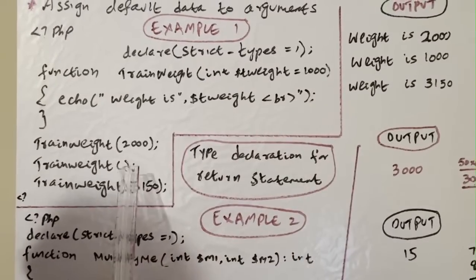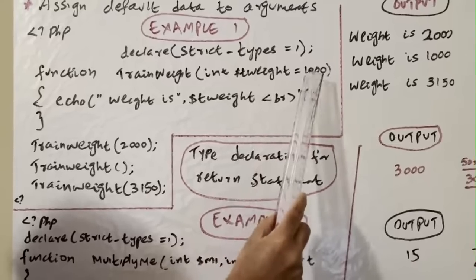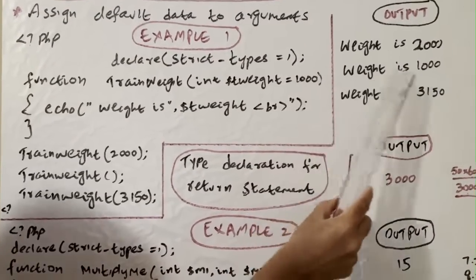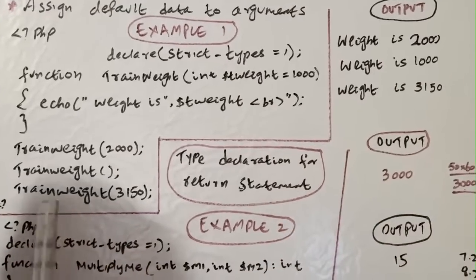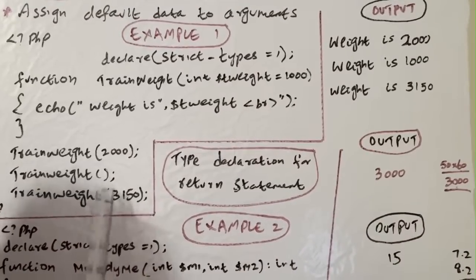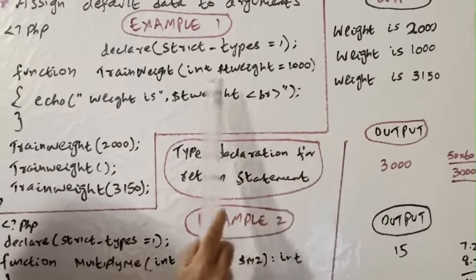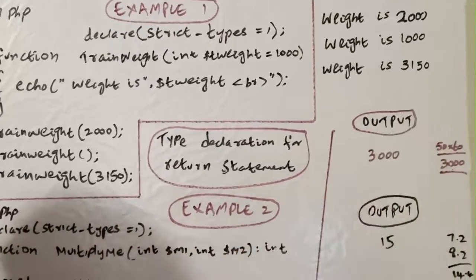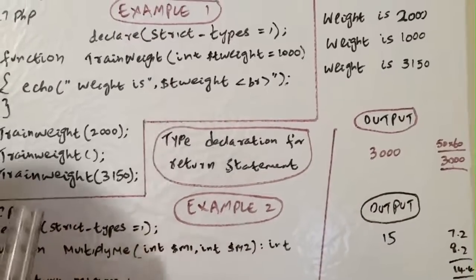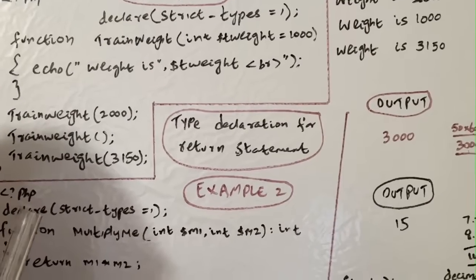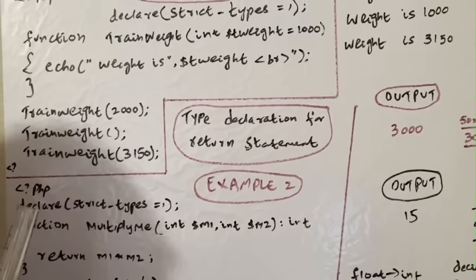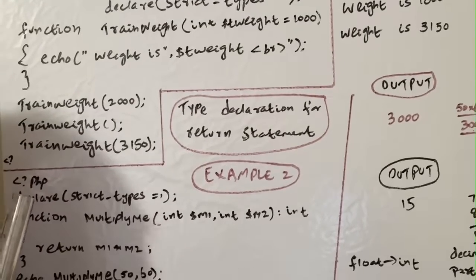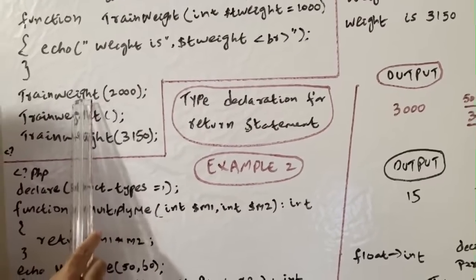So if I call with a null value, it will substitute the actual default argument value, which is 1000. So weight is 1000. Third time I'm calling with an actual value, 3000, so weight is 3000. The value is printed. This is one example of how a default argument value is used when the value is not passed, when a null value is passed as a parameter or argument to the function.